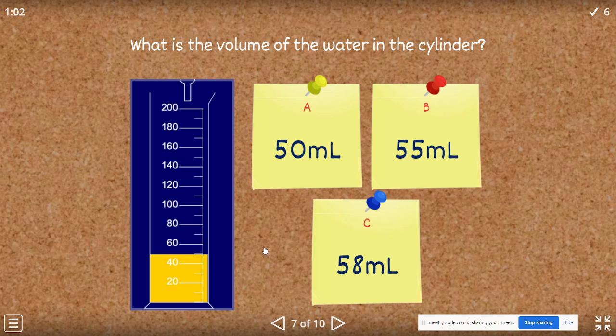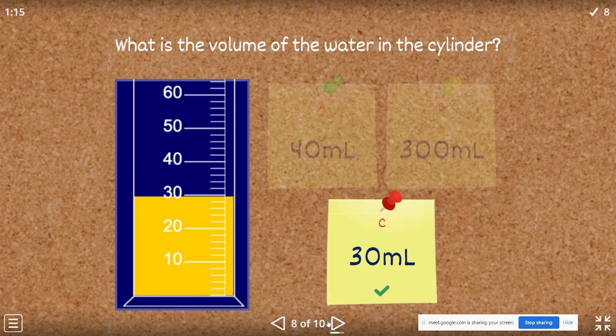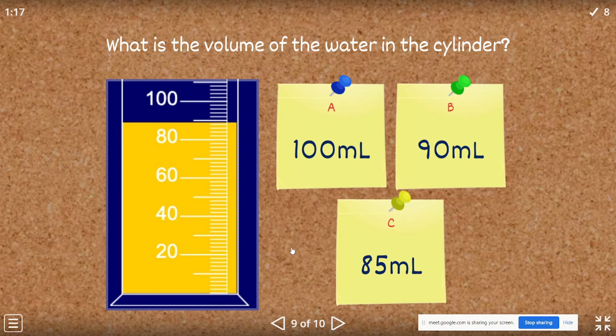This one? 50 ml. Yes. 30 ml. And one more, the last one. 90 ml.